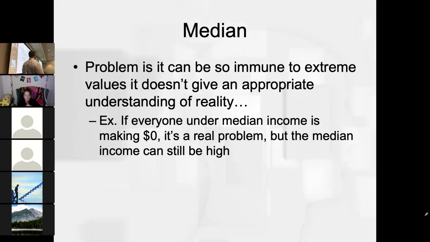The problem is it can be so immune to extreme scores that it may not give an appropriate understanding of reality. So let's say we took all of your salaries during the school year, and half of you weren't working, and the other half were.